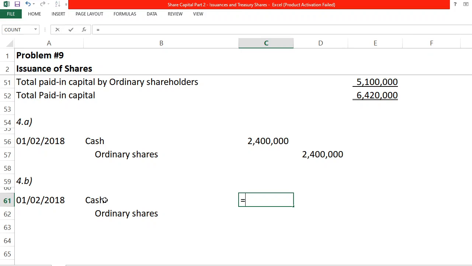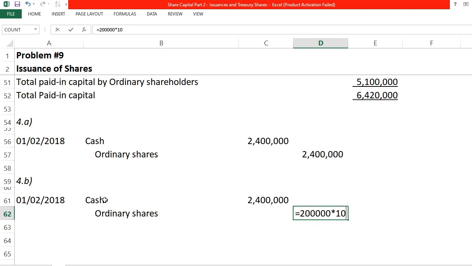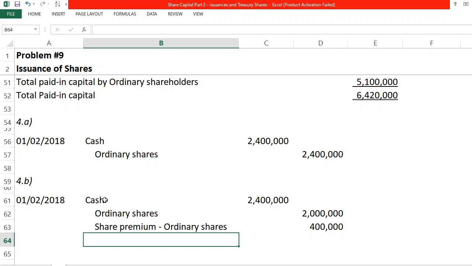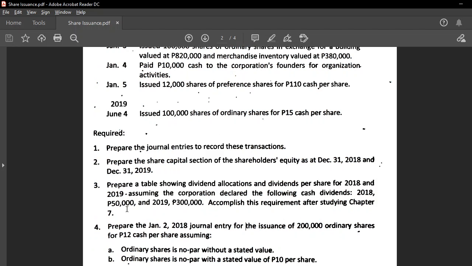So, a cash of 200,000 times 12, but the stated value is 10 pesos. Therefore, 2 million will go to our ordinary shares account, and then the 400,000 will go to our share premium ordinary shares. Okay, so that is how we account for shares without par but with a stated value.